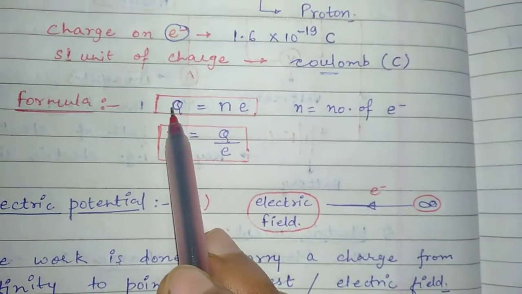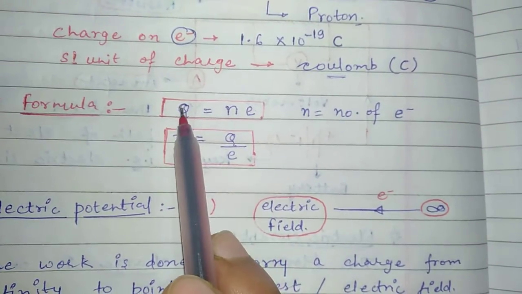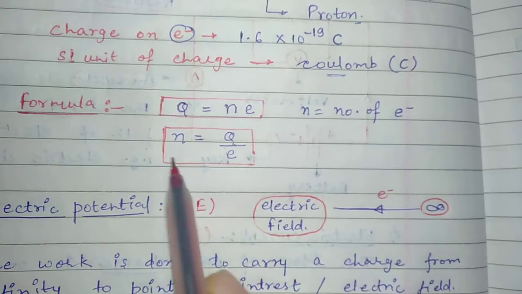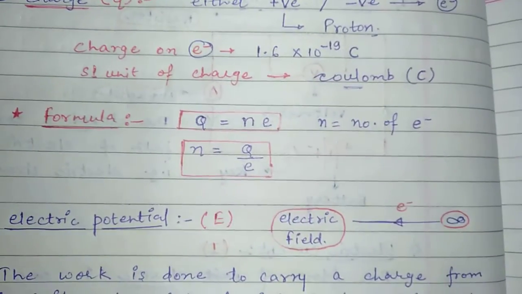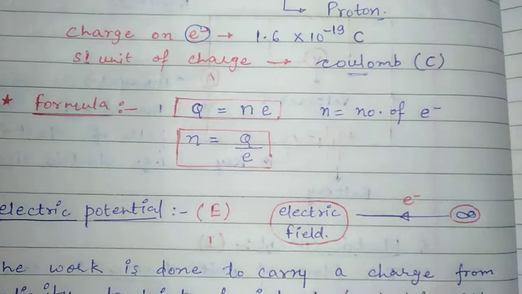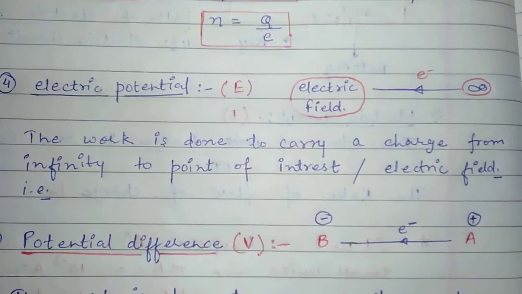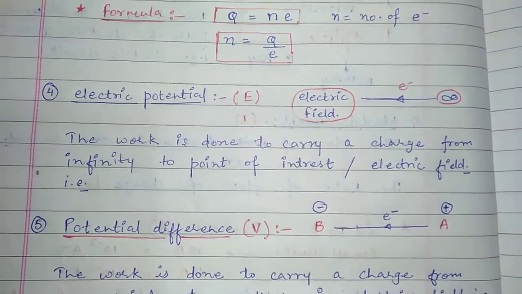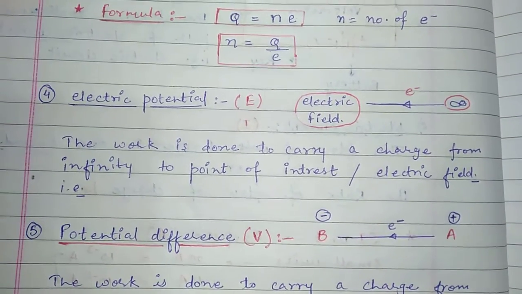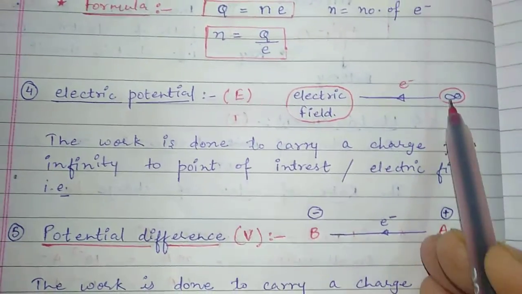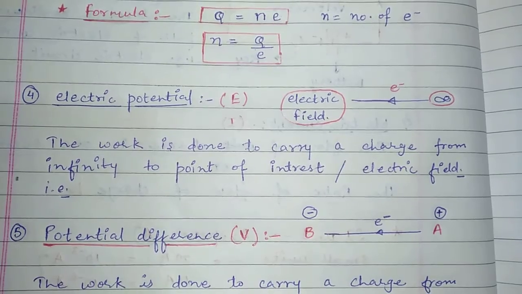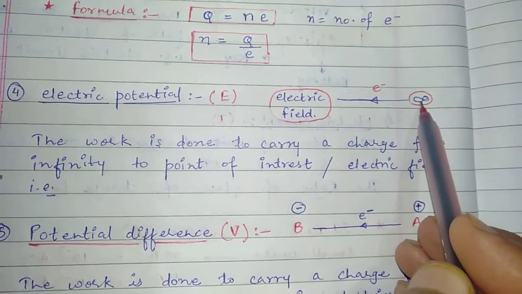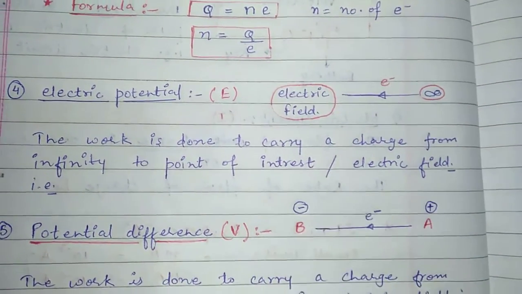So if you have the value in coulombs, you can find the number of charges present in that value. Then students, we will discuss the next term, that is electric potential. It is very important. What is the electric potential? For understanding this term, consider for example that this is infinity and this is the electric field.